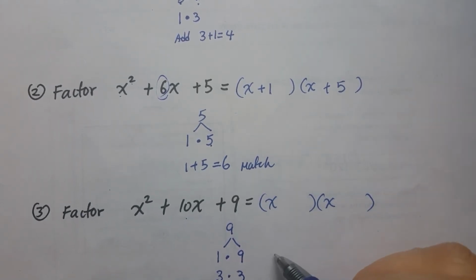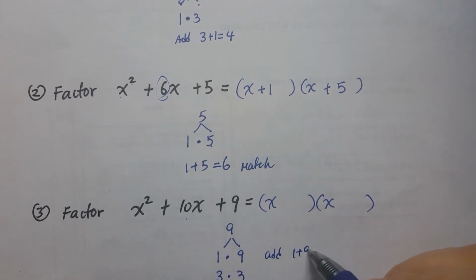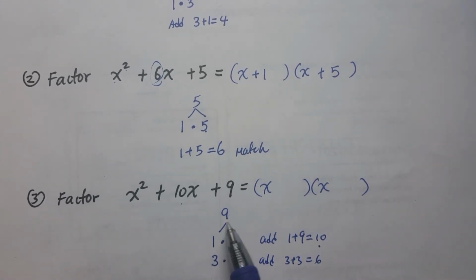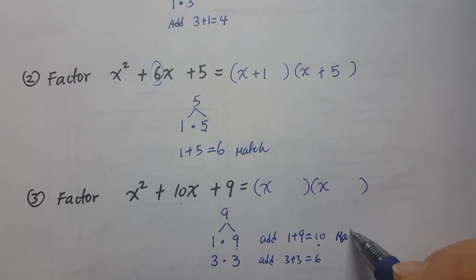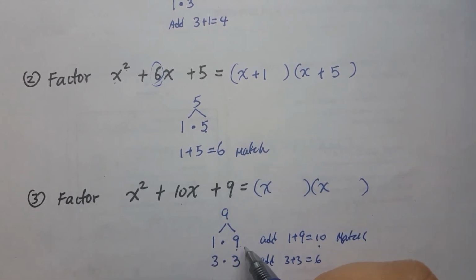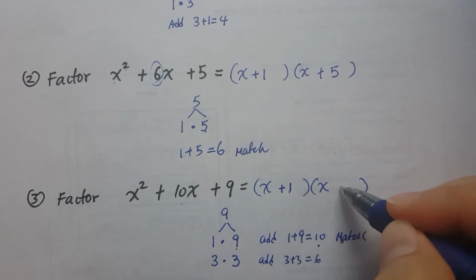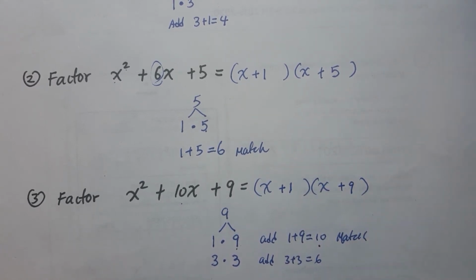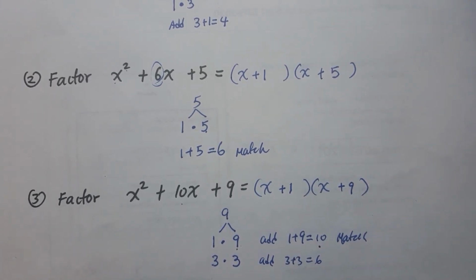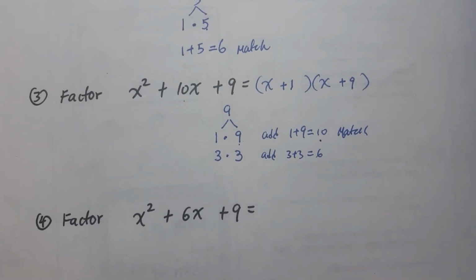So now we're going to add 1 plus 9 equals 10, and then 3 plus 3 equals 6. So the first pair matches, because you want to multiply equal 9 and add equal 10. So we get 1 and 9. So you put plus 1 and plus 9. So we finish.